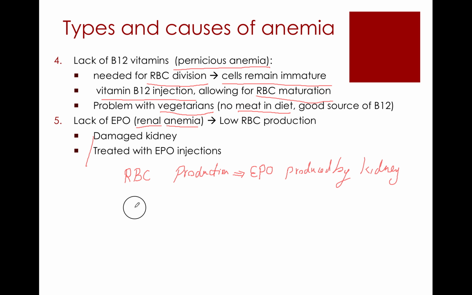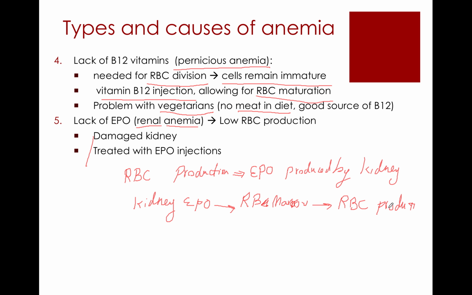So the kidney produces EPO, which goes to the red bone marrow, and that basically causes RBC production.